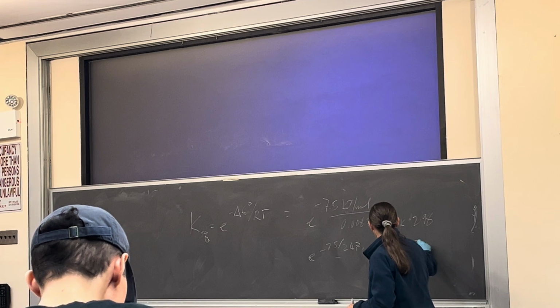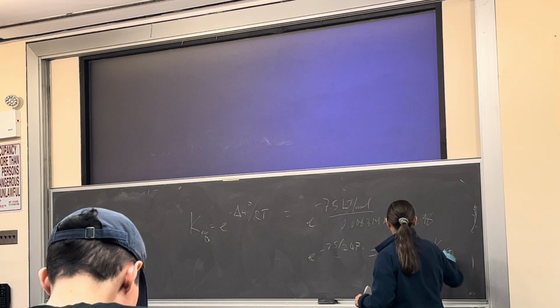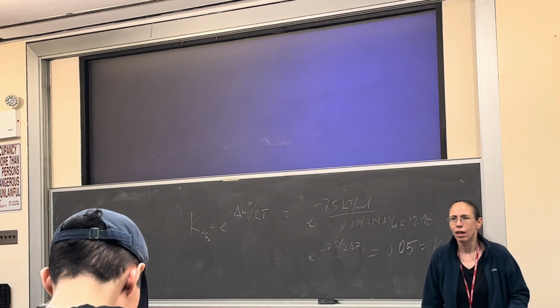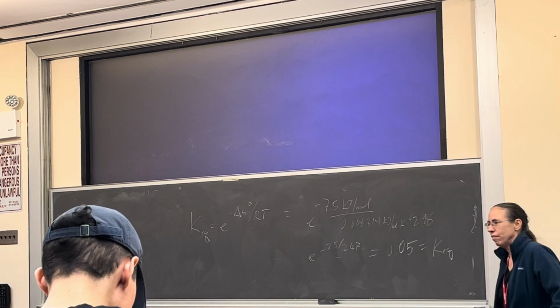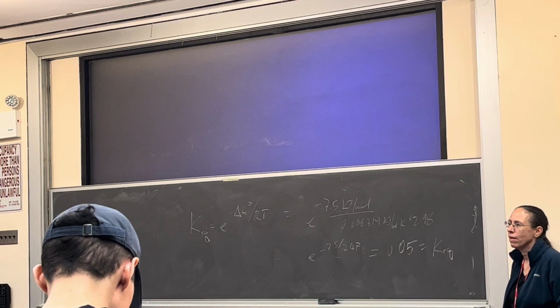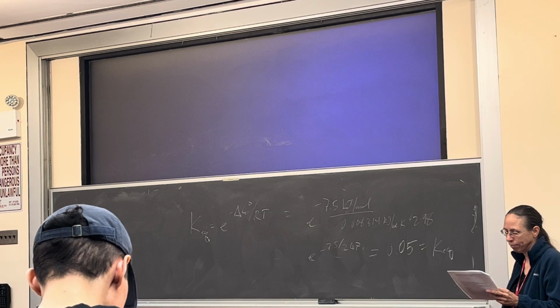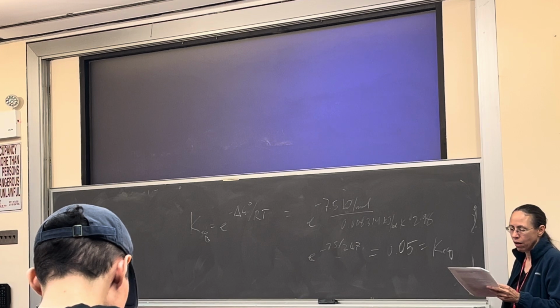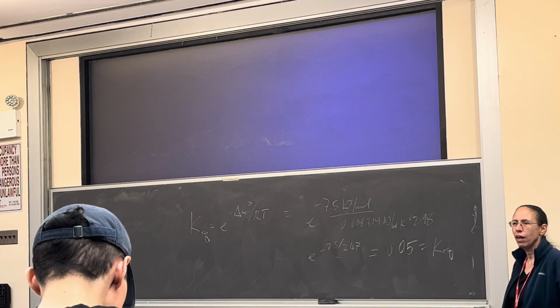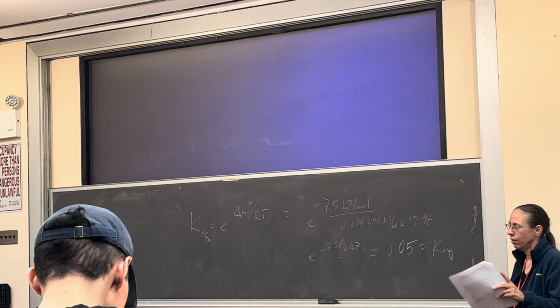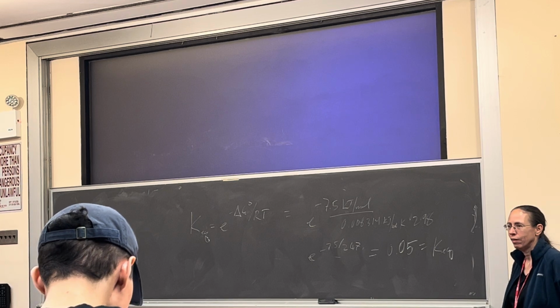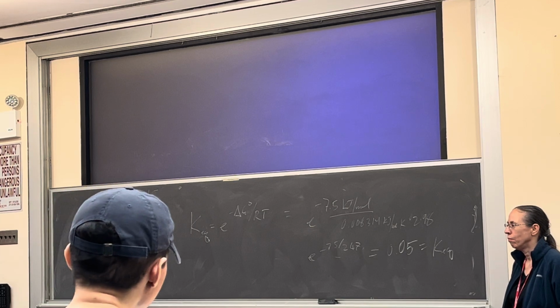So that's the equilibrium constant. Is that favorable or unfavorable? It's favorable. So first of all, delta G naught is positive or negative? It's positive, it's unfavorable.